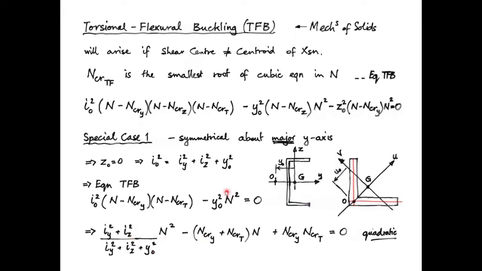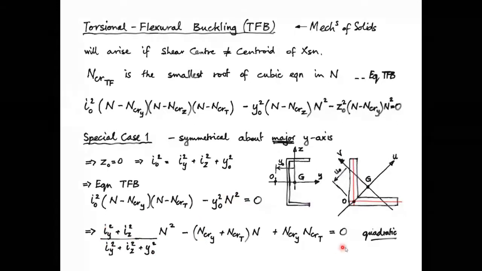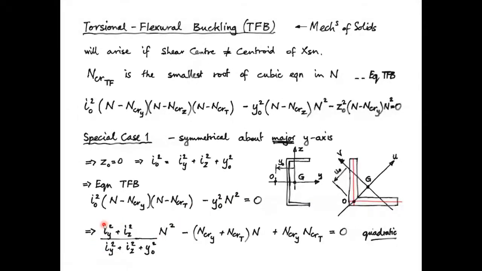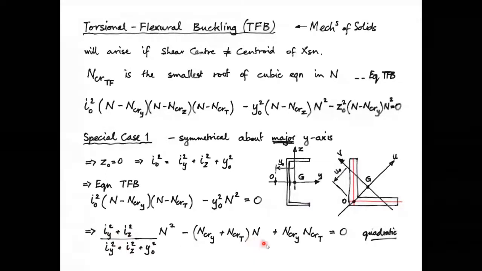And then that gives you a quadratic equation coming out like this. Okay, so that's the quadratic equation coming out on the bottom, where you have the iy squared, iz squared, and so on in there.